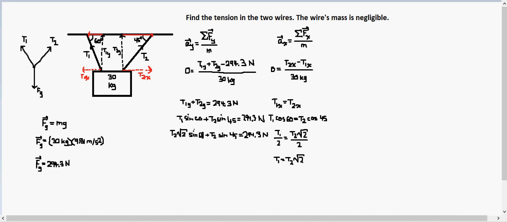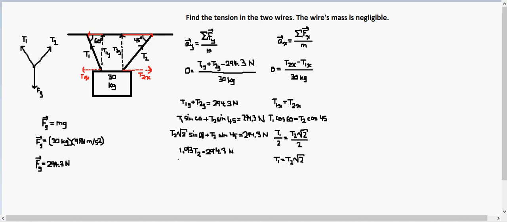If you approximate square root of 2 in your calculator, approximate this, approximate that, then add these variables together, you should get 1.93 T2 equals 294.3 newtons.